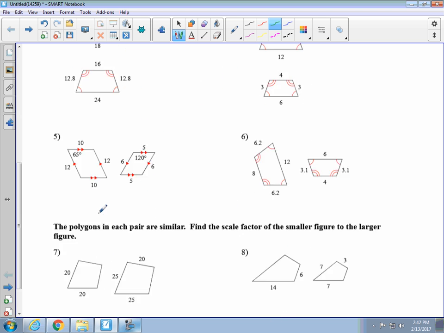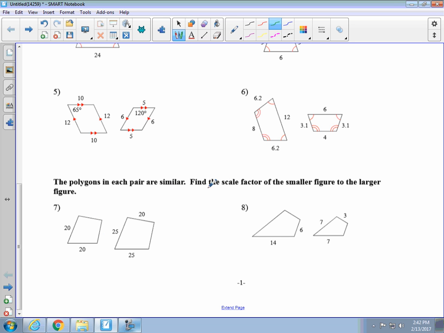Moving on. The next section says something about finding the scale factor, and it references smaller to larger. All that means is that you must pick from one shape. So here I'm at number 7. I want to pick this side of this shape, which is the left side, with this shape's left side.